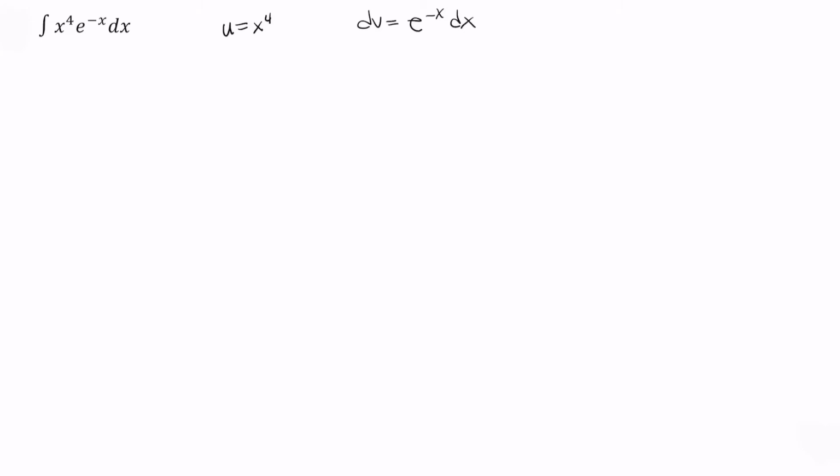Now, before applying integration by parts, I'm going to stress that this is an example where you want to use a table. If you don't use a table, you're going to have to apply integration by parts 4 times, which is a pain. So let's use a table. So I have x to the fourth as my u, e to the negative x is my dv.